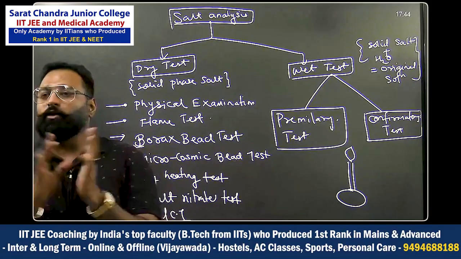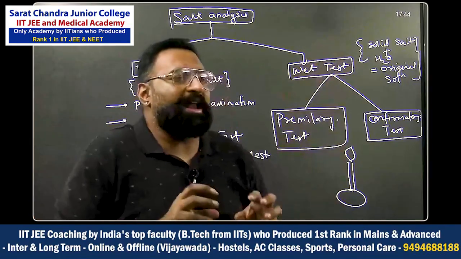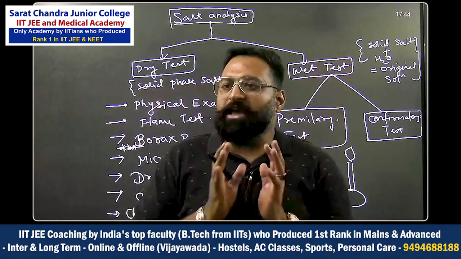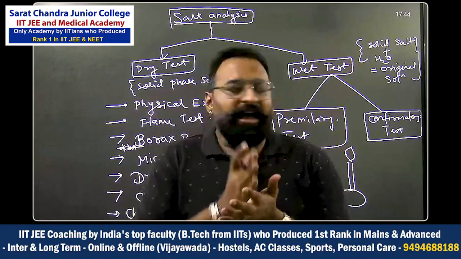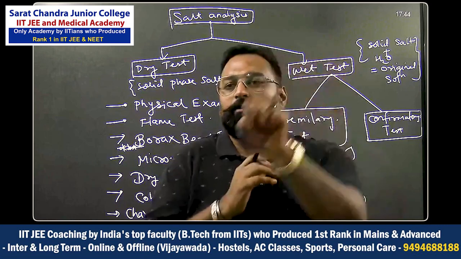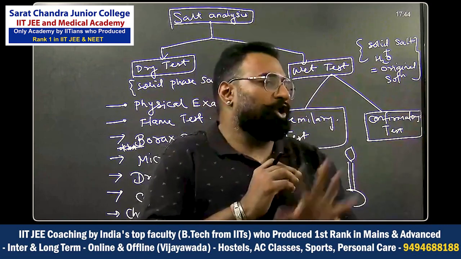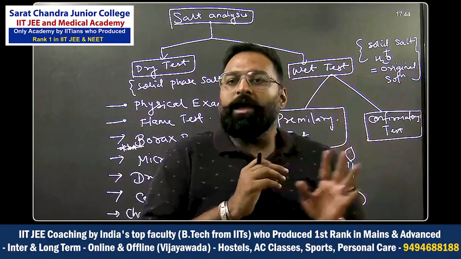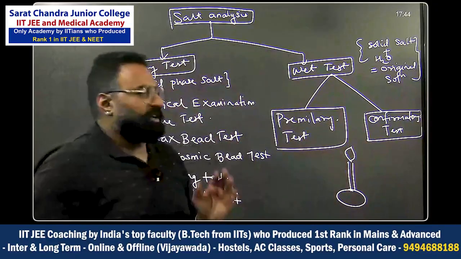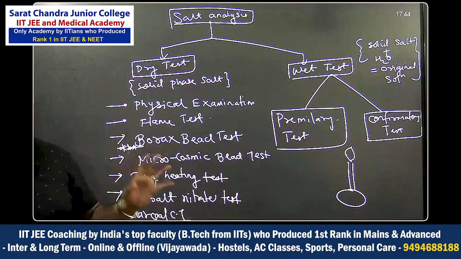They are divided into different groups where common cations and common anions are classified into the same group, and they are reacted with group reagent. Group reagent means the common leader of the group that can handle all types of salt. Okay, and then the final test is done. Clear? This is the scenario of salt analysis.